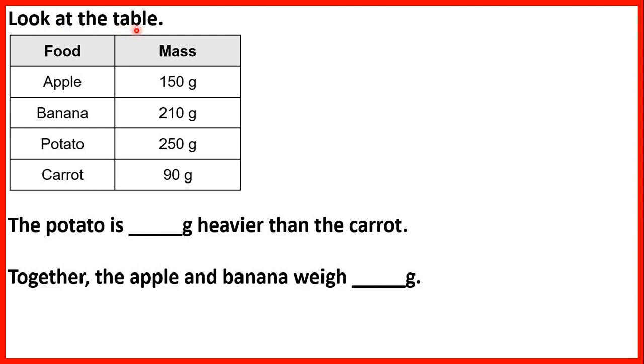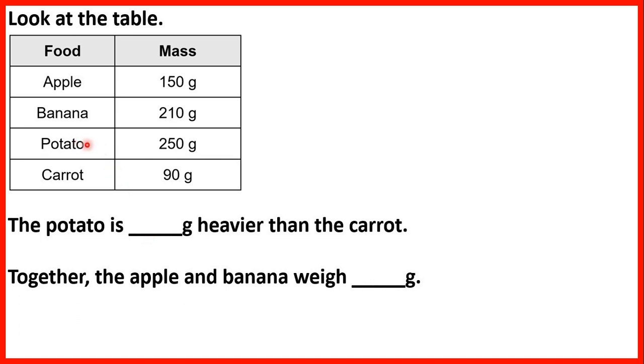Look at the table. The potato is how much heavier than the carrot? So here, the question is asking us to compare two things. And when a question asks us to compare two things, so to find how much more or how many more, we need to find the difference, so we need to subtract.